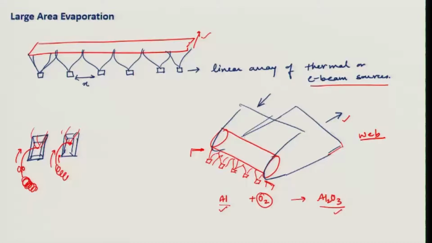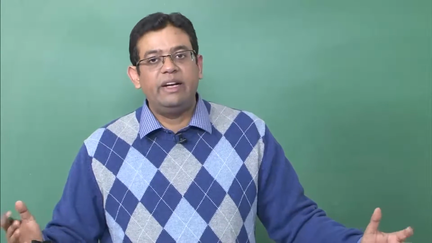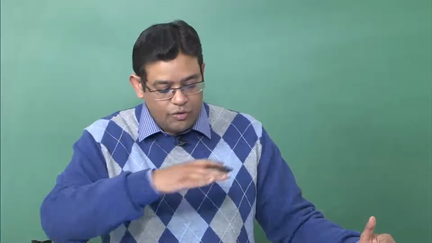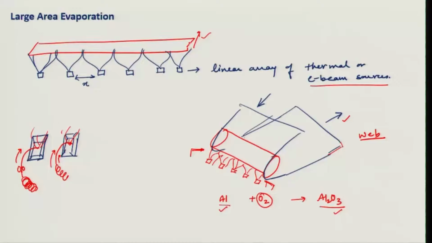Okay. Or if you have a rigid substrate like glass, then you can have about 10 feet by 10 feet glass substrates which are moving in one direction, and where these are being deposited. Okay. So, all these systems are available in the market for deposition.